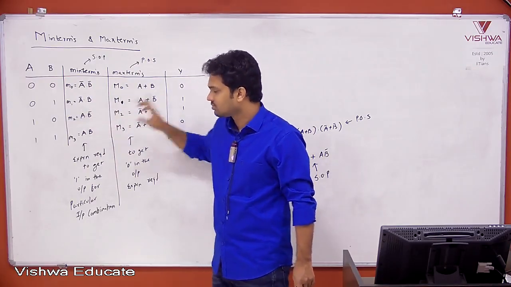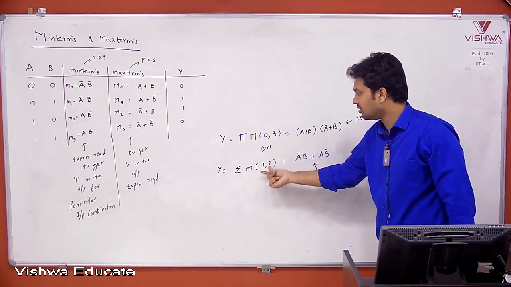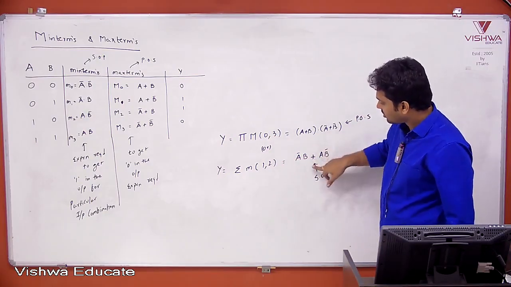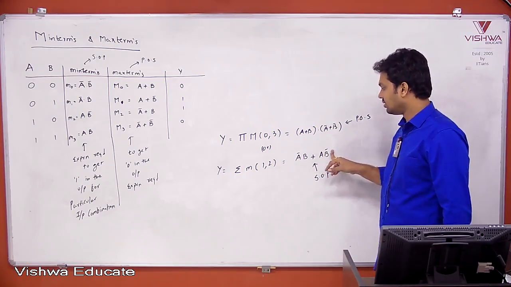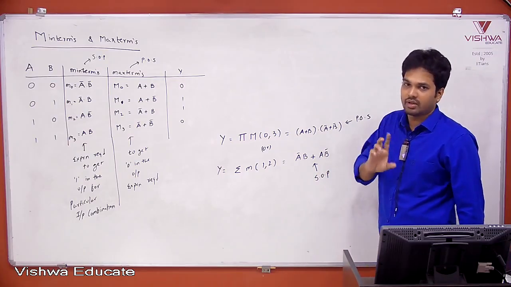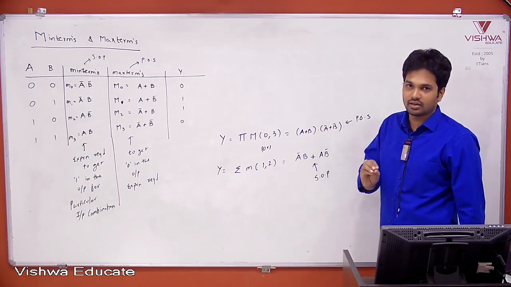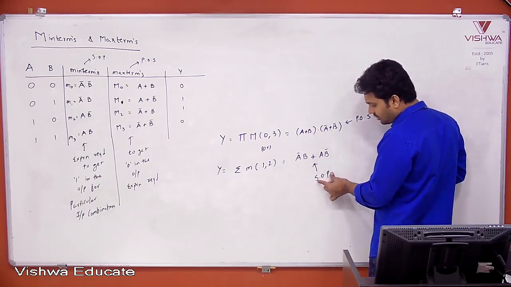Min terms and max terms are complementary. Whatever you have in the max, you don't get in the min. But the functions are both the same. So SOP and POS represent the same function in two different ways. They are not complementary. Min terms and max terms are complementary. Okay, clear?